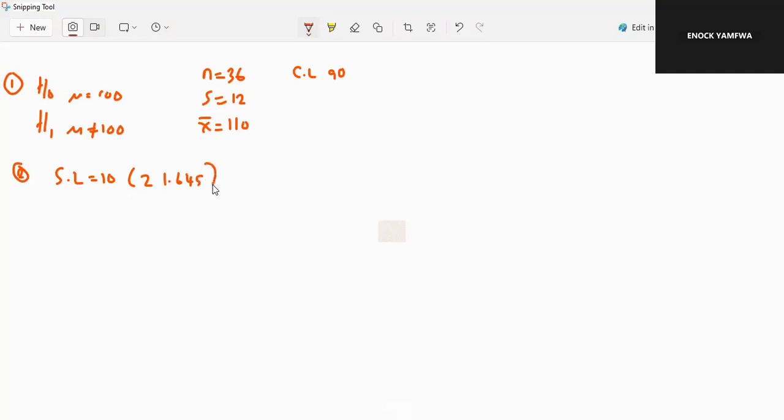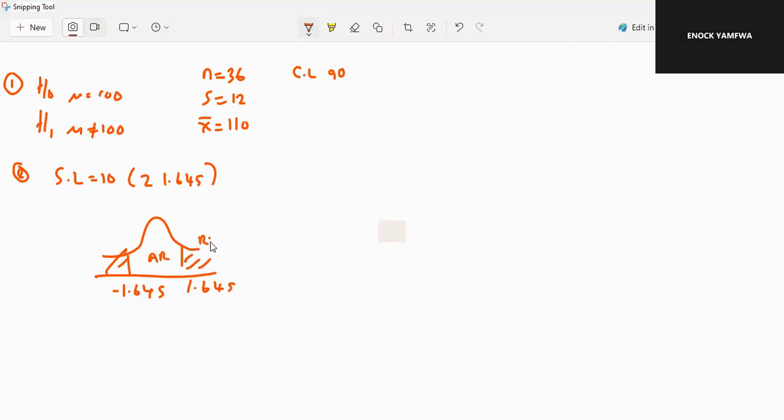The decision rule is to reject H0 if we get the extreme limits here, negative 1.645 and 1.645 here. So this is the acceptance region, this the rejection region.